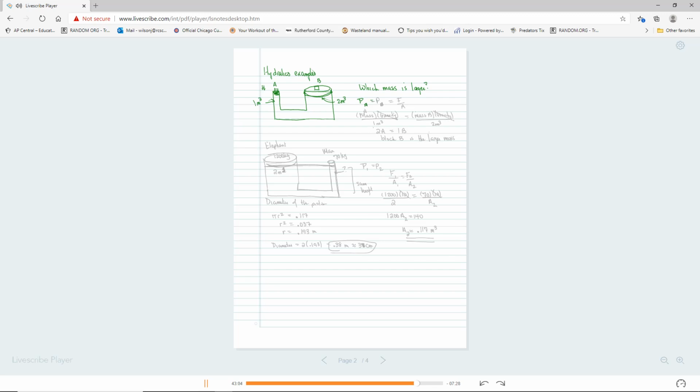Well, what does hydraulics depend on? It depends on pressure at some particular point having to equal pressure at some other point, right?